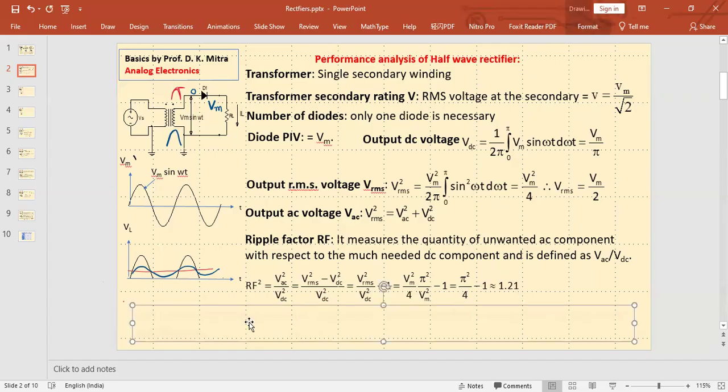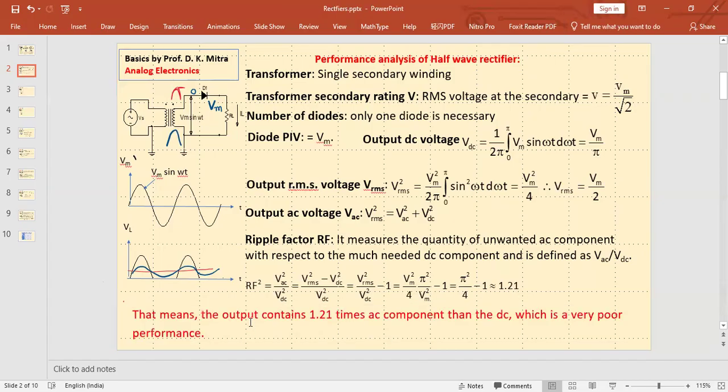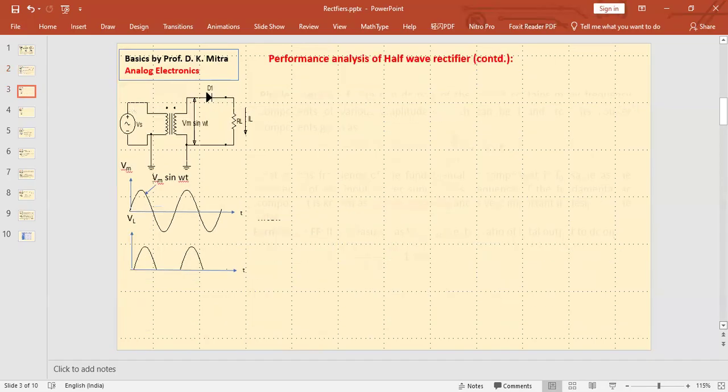Then we come to the next point. This means that the output contains 1.21 times the AC component than the DC, which is very, very poor performance, right? So far as the ripple factor is concerned, our half-wave rectifier is a very poor candidate.